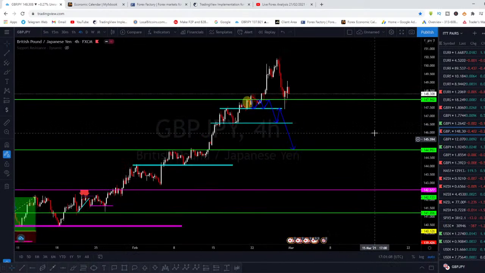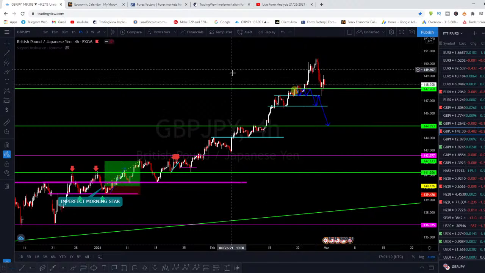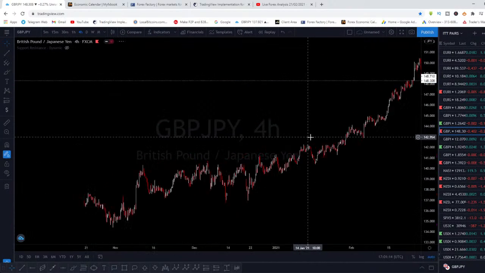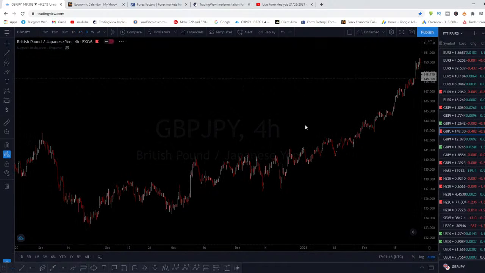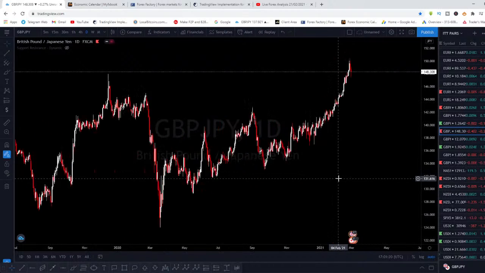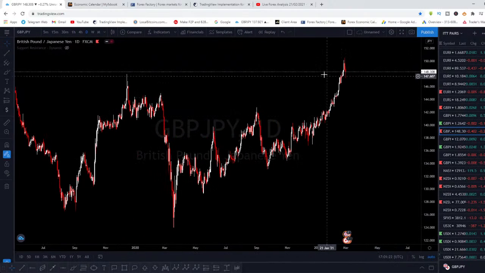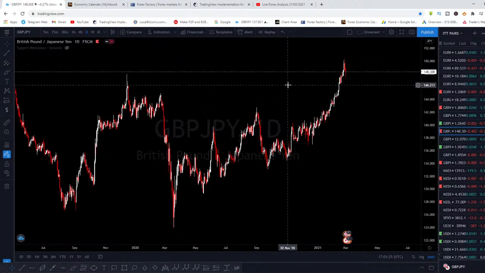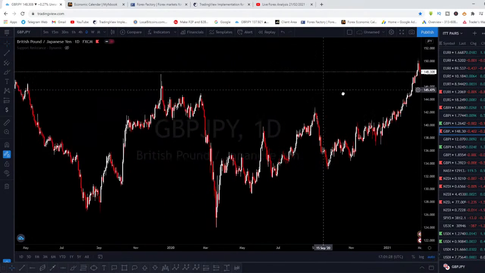You guys see that I still have my zones and things like that, but I'll clear everything today. This was a long-time buy, man. Right now it's getting exhausted. So let's mark out our levels on this.